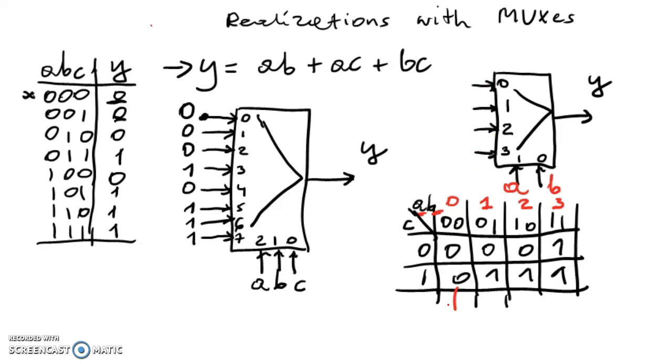Looking at the values you must obtain on the output, you decide what to put on the given data input. So here, if you select A=0, B=0, you select this input, and you have 0 independent of C. Independently of C, you must have 0, so you simply put a static 0 signal. You can ground it.